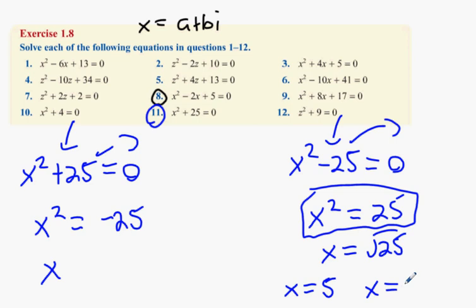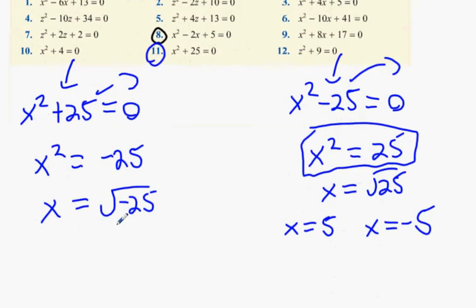Therefore, the other answer was minus 5. I'm going to suggest that we do this one here on the left hand side the same way. We square root minus 25. And what did I say the answer is for square root of minus 25? 5i. But we also forgot the minus 5i as the other answer.